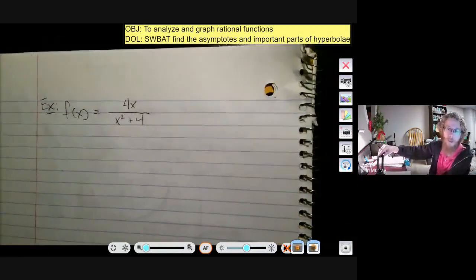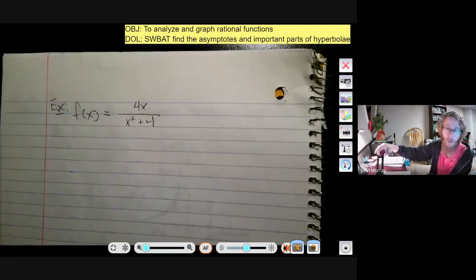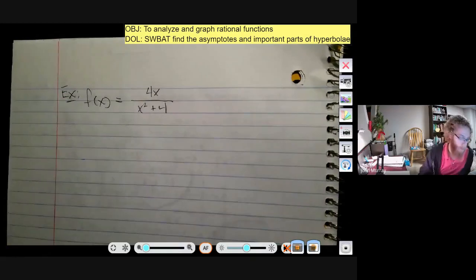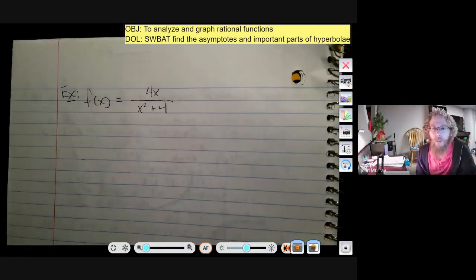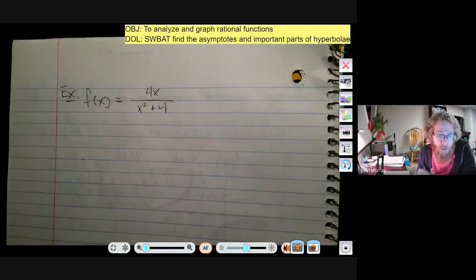All right, let's take a look at the function 4x over x squared plus 4. So going through this, we'll go through the same steps because those are usually the same. Can we simplify this? In the top, I have a 4x, so I have two factors, a 4 and an x.